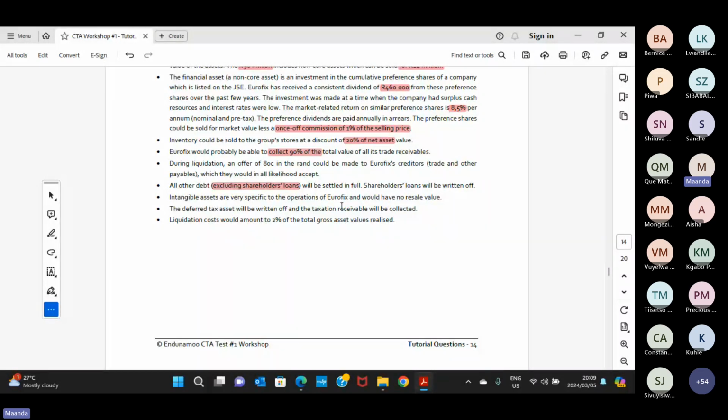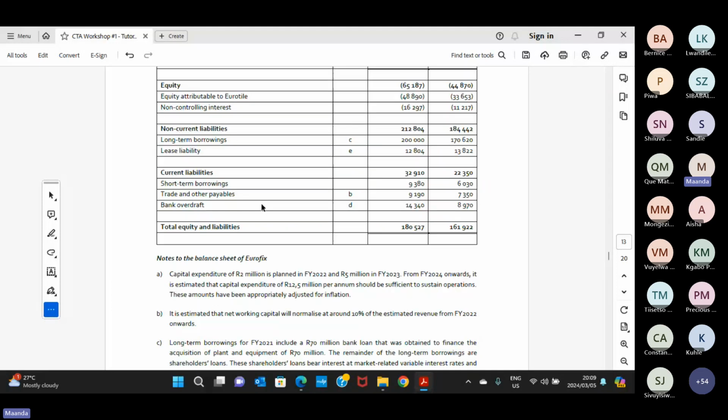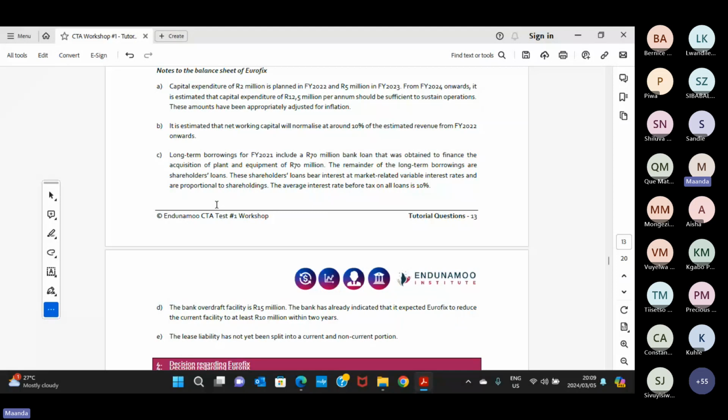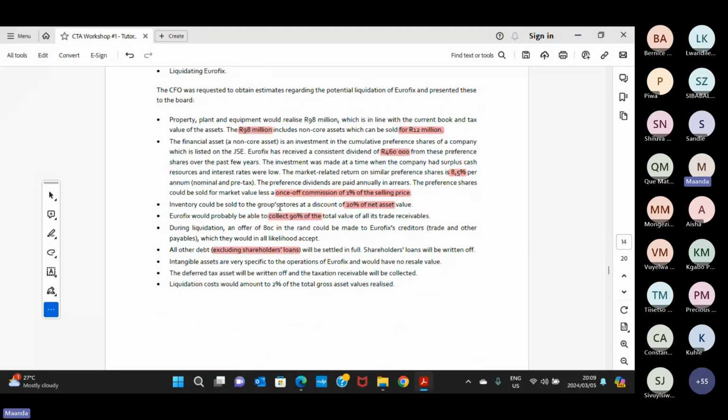And then you're going to see what our other liabilities are. That will be trade and other payables, short-term borrowing, and also the bank overdraft, meaning that we also need to pay all of those. Then we have the 20%, your 80% cost of liquidation, which you also need to take into account.